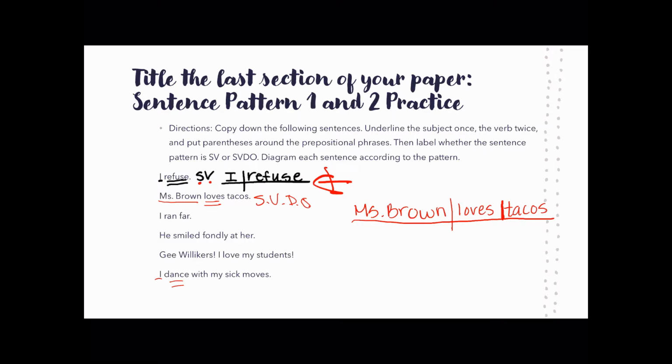With is a preposition. With what? My sick moves. That's our noun phrase. Remember, prepositions are extra information. We don't need that to make a sentence. So I dance would be a sentence without that, right? So this is actually a subject verb because there's no direct object. We just have our preposition. So I, dance.